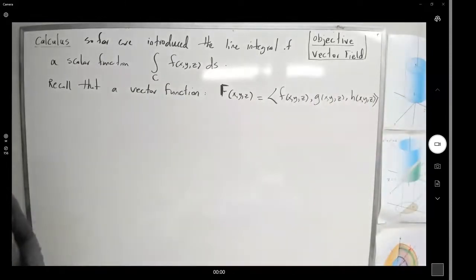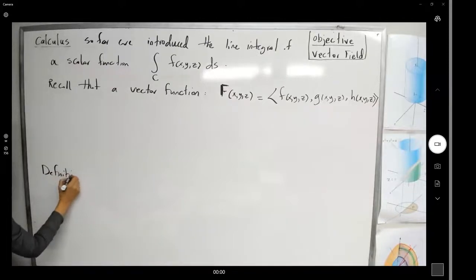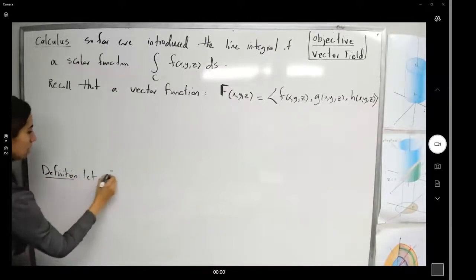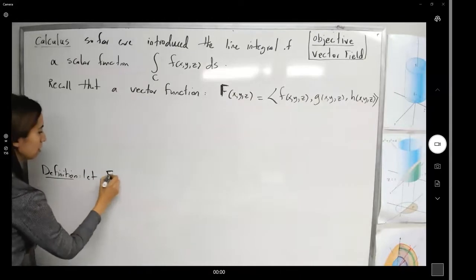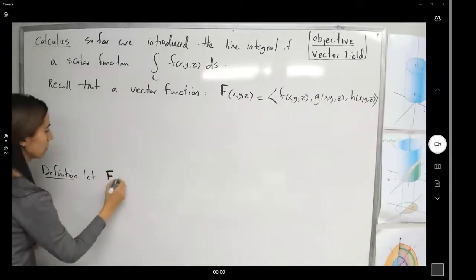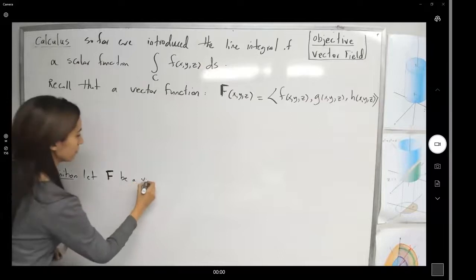So let's take a look at this definition. Let me write the definition here for you. Then I'm going to write down one example on top of it. Let bolded F be a vector function.